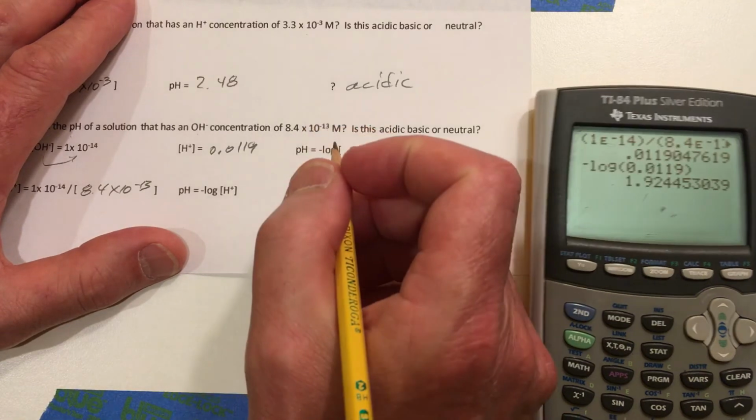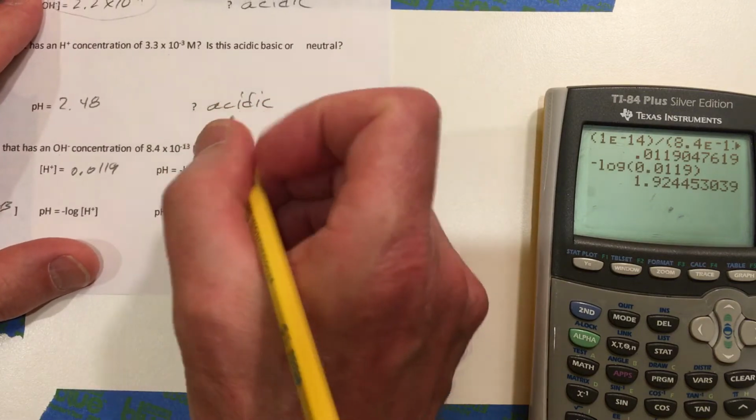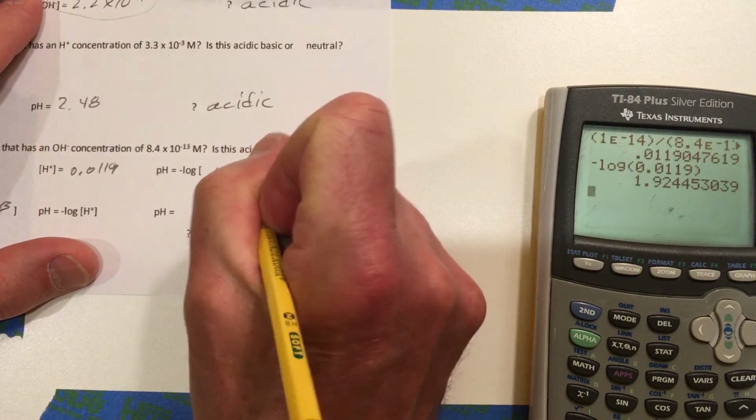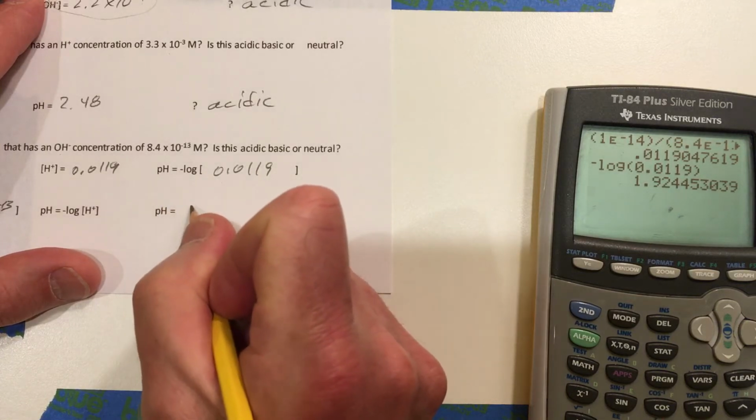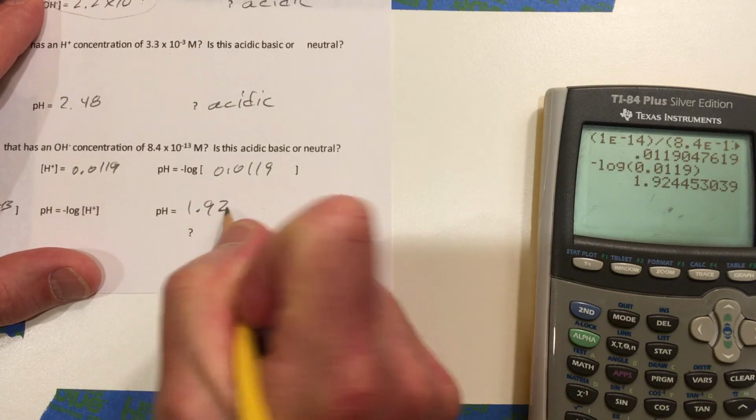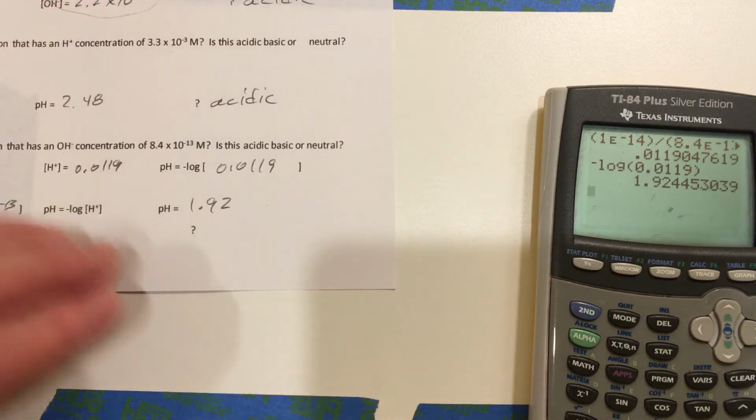And that gives us 1.92. So 0.0119, that's what we just did there, the negative log of that number. That gives us 1.92 is our pH.